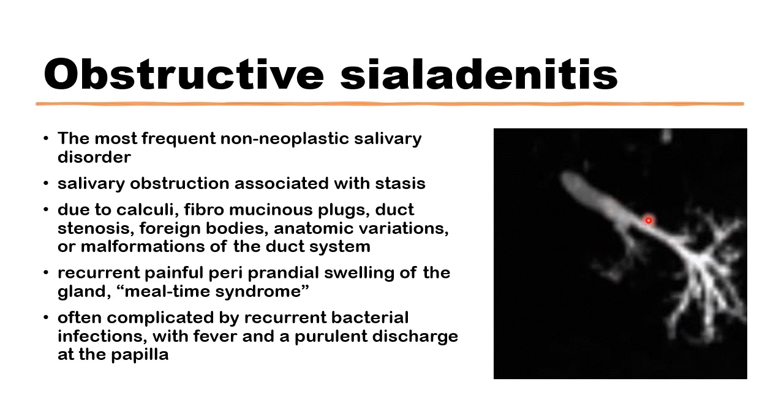This can happen due to stones in the duct system, or also fibrous strictures narrowing the duct system at different levels, but also due to fibromucinous plugs or foreign bodies, or sometimes anatomical variations in the duct system due to sharp angles or kinking of the duct system or congenital malformations.